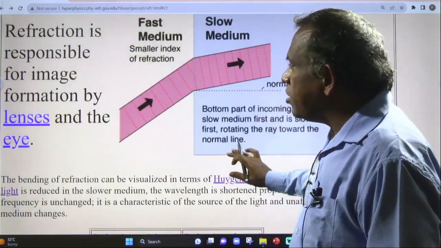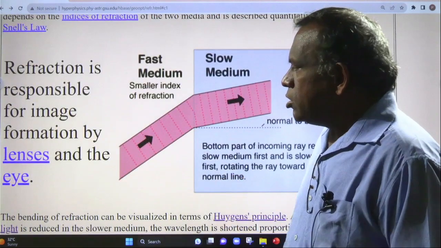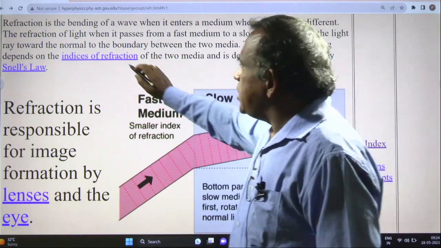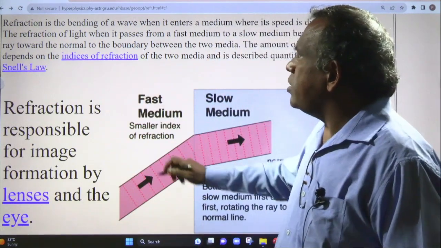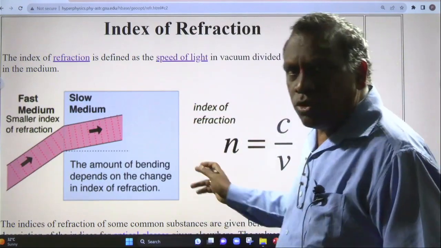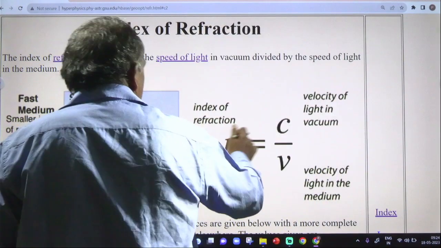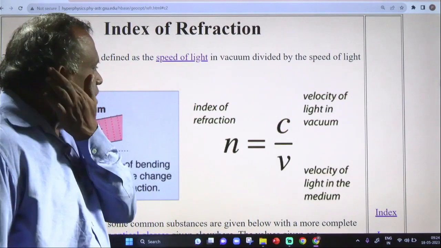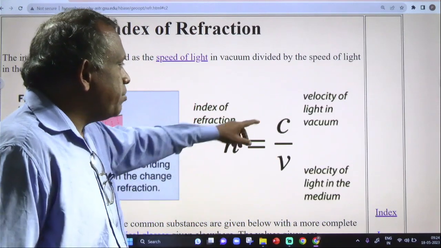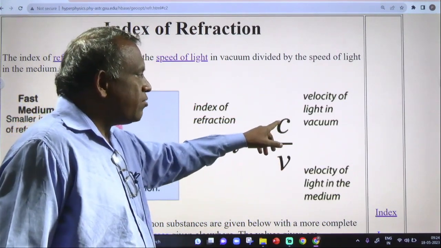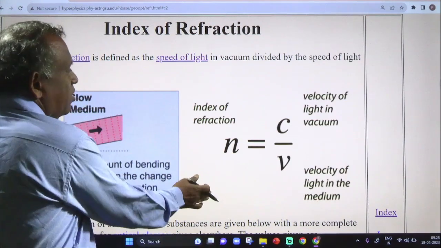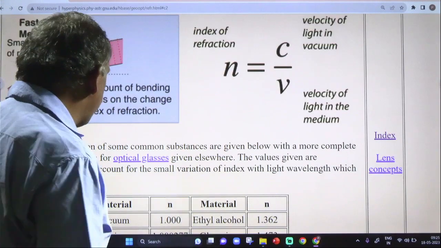So that is about refraction. In refraction, there is a faster medium and a slower medium. The index of refraction is also an important topic in refraction. The refractive index is denoted by mu or n. n = c/v, where c is the velocity of light in vacuum and v is the velocity of light in the medium. n is the index of refraction.